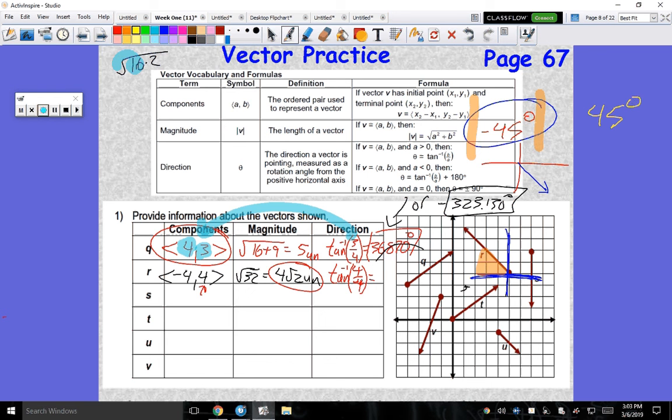But the direction that I'm traveling is from 0. So what am I going to do? I'm going to subtract 45 from 180, right? So that I can see what is my actual answer to tell me what direction I am traveling. So the answer should be what, guys? 135. 135 degrees.